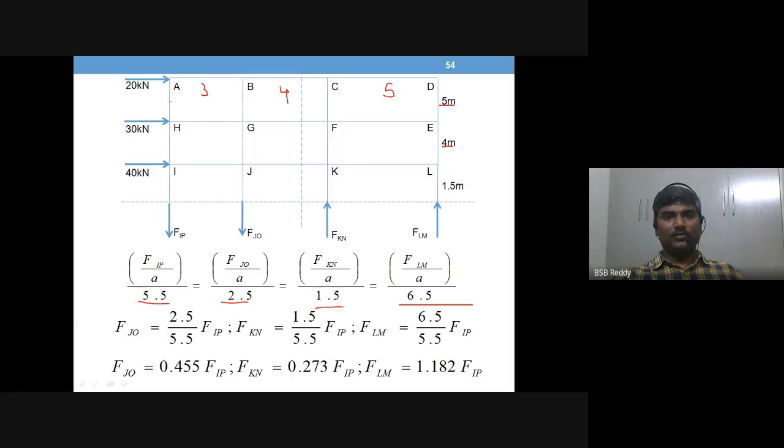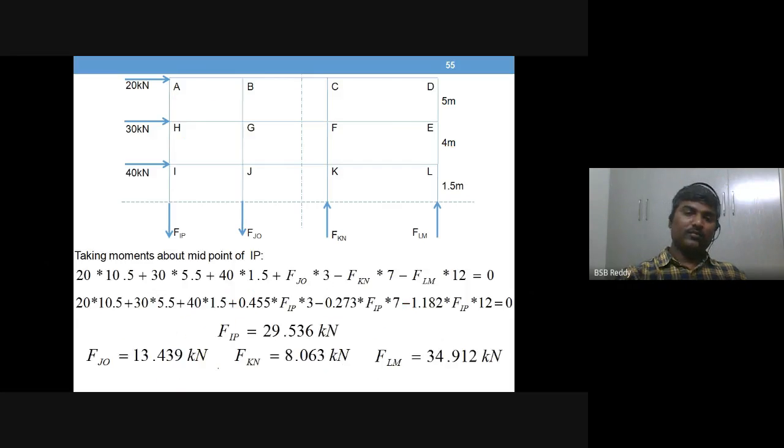From the CG line, AH, HI and IP are all at the same distances: 5.5, 2.5, 1.5, 6.5. So no change in the relations. Only the names will change. Okay, right. And then next taking the moment about the midpoint of the first column is the same here.